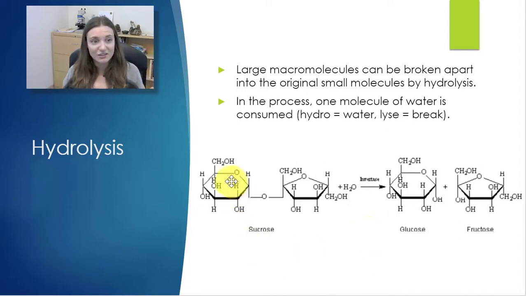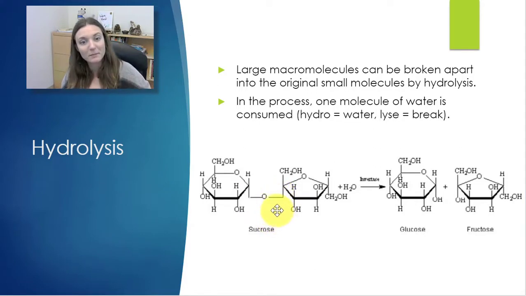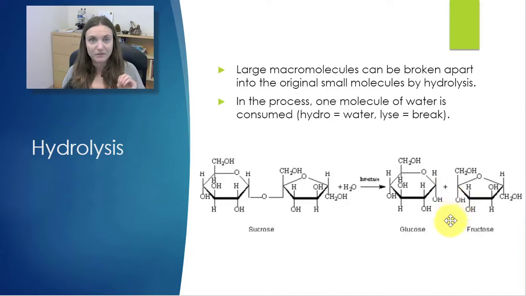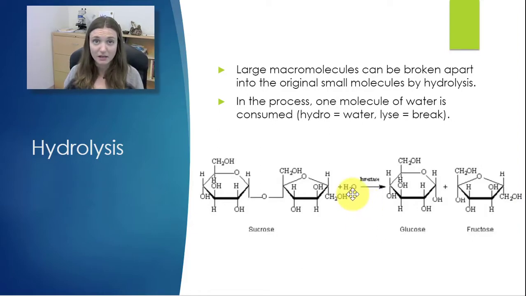We take that oxygen that was connecting those two monomers together, we put water back into it, we put an OH group, a hydroxyl group, back onto one side, and then we reconnect this oxygen with the hydrogen to produce those hydroxyl groups again. So water is used up in this process of hydrolysis. Dehydration synthesis builds up, hydrolysis breaks down polymers into their monomers.